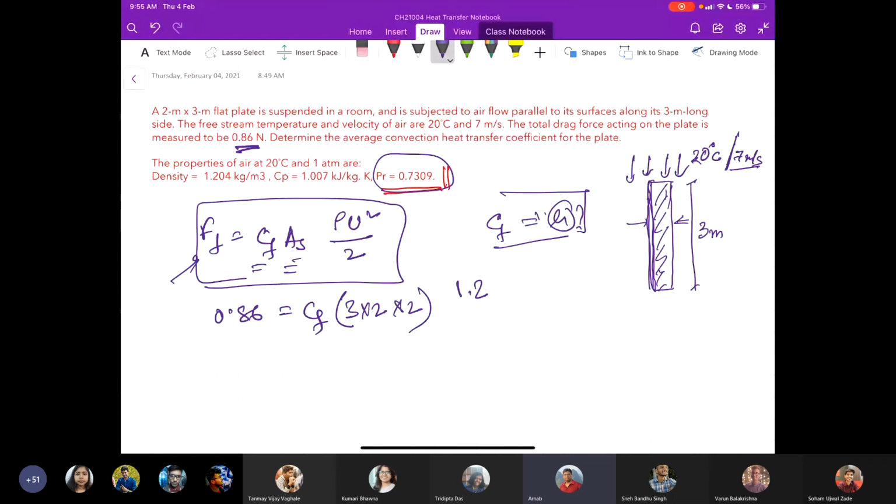So 1.204 into 7 meters per second, divided by 2. Remember, this is Newton.